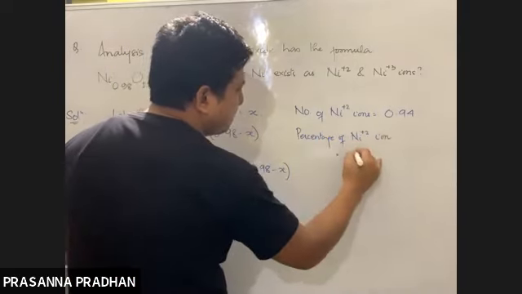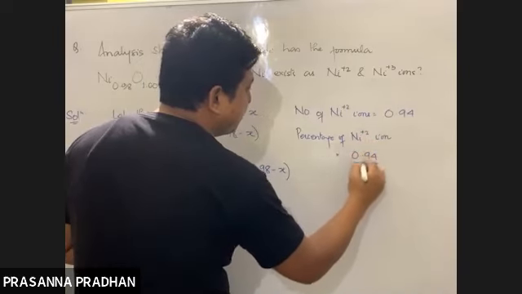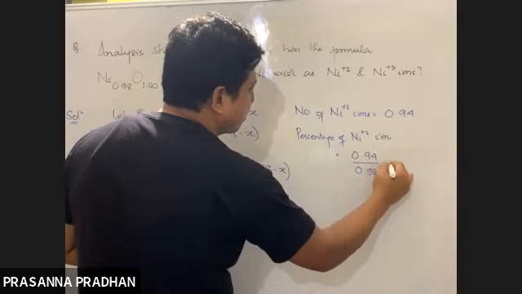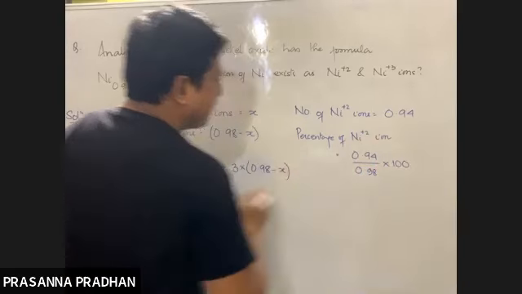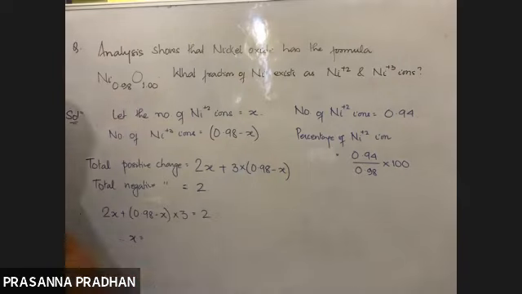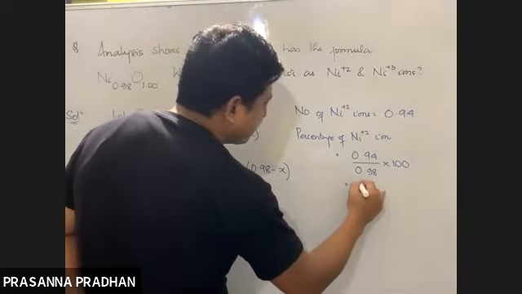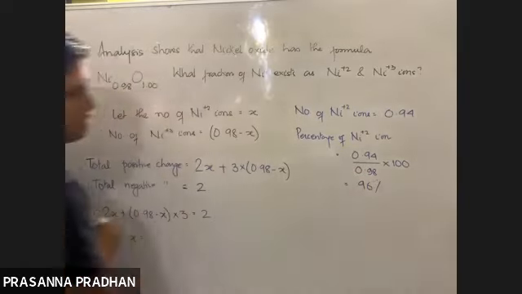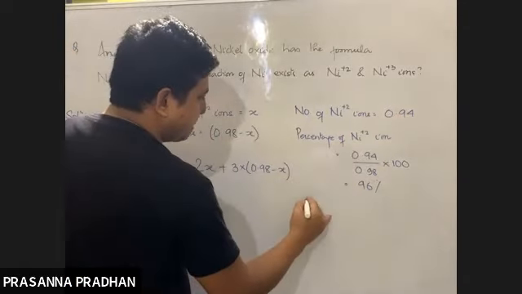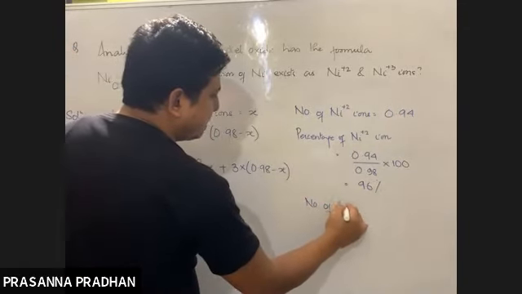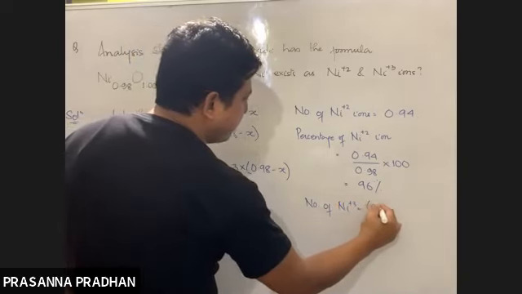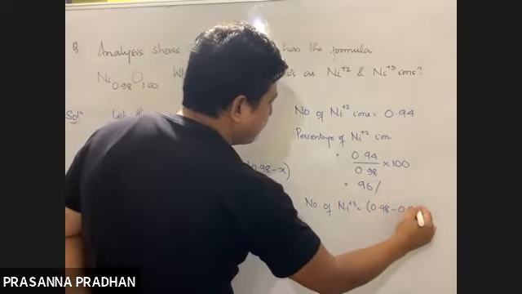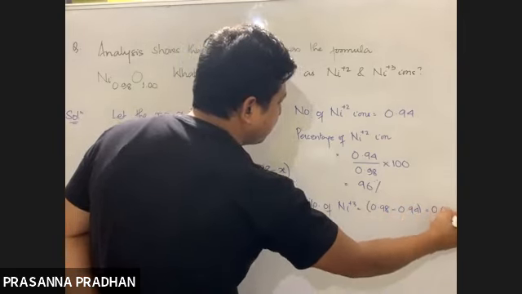The number is 0.94, and the total number of nickel was 0.98. Divide and multiply by 100. Calculate it. About 96 percent. Now, what is the number of nickel tripositive ions? 0.98 minus 0.94 equals 0.04.